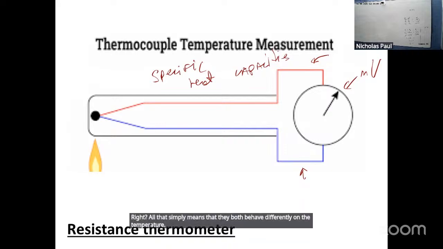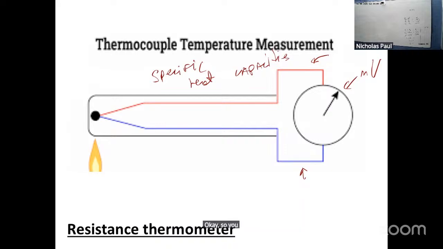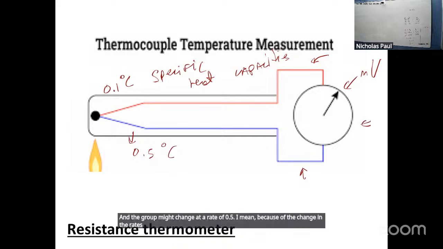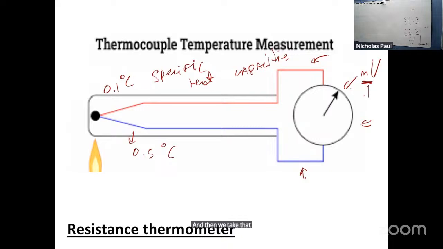So the red metal will change temperature at a rate, I'm just making something up, might change at a rate of 0.1 degrees Celsius, and the blue might change at a rate of 0.5. Because of the difference in the rates, we end up with a voltage reading, and then we convert that voltage reading into temperature.